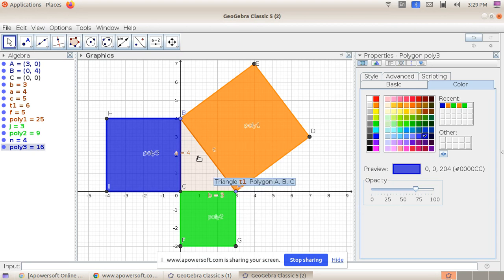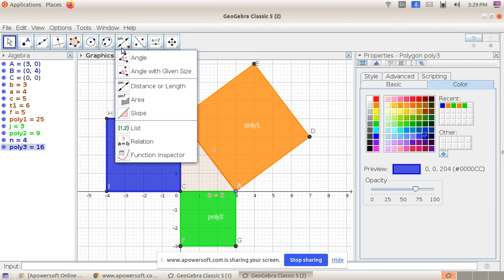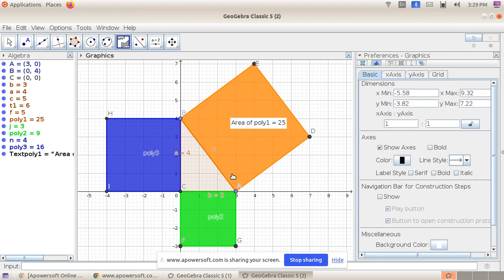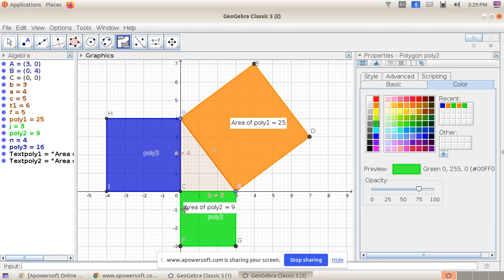Okay, to prove the Pythagoras theorem, I'm going to plot the areas of these squares. First of all, the area of this one is 25. The area of this one is 9, and the area of this one is 16. When we add 16 plus 9, it is 25.